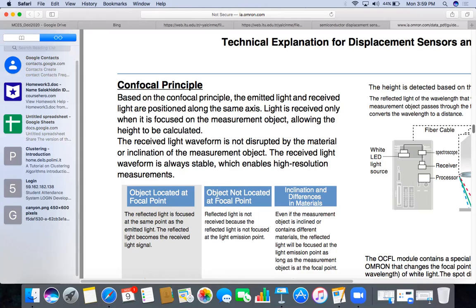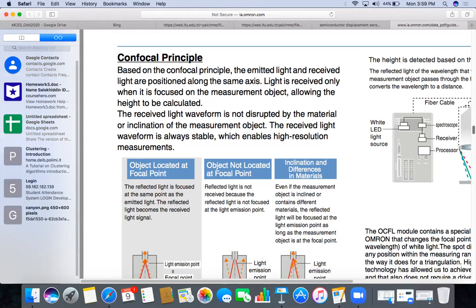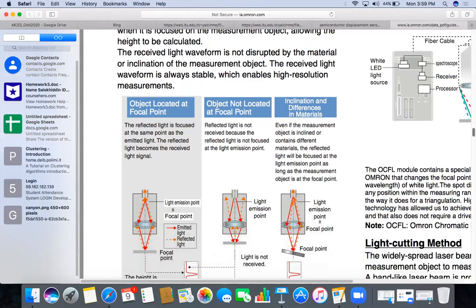The received light waveform is not disrupted by the material or inclination of the measurement object. The received light waveform is always stable, which enables high resolution measurement. Object located at focal point, object not located at focal point, and inclination and differences in materials. These three types are shown there.